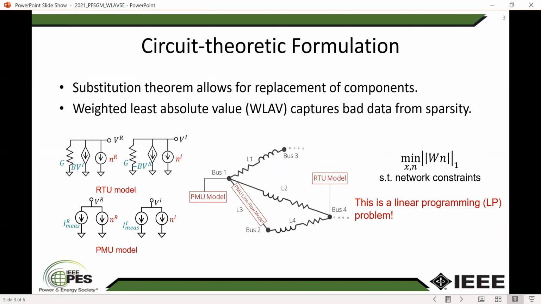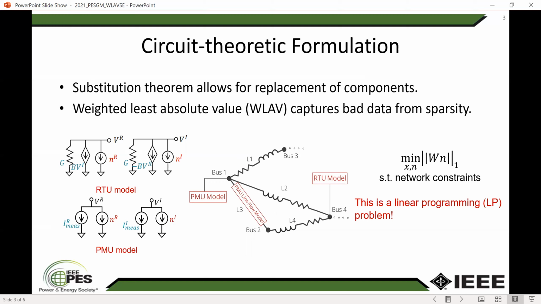Now let's go to the main idea of the methodology to see how we get these nice properties. According to the substitution theorem, any component in the system can be replaced by another circuit element that makes the voltage or current across the element equal to the voltage or current in the previous network.